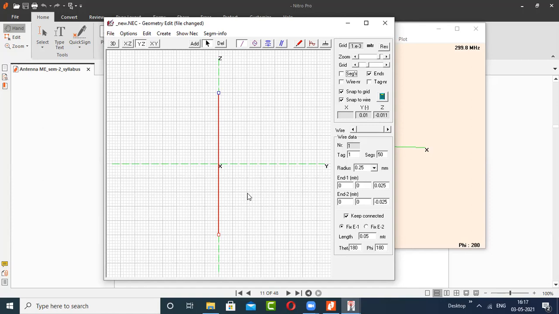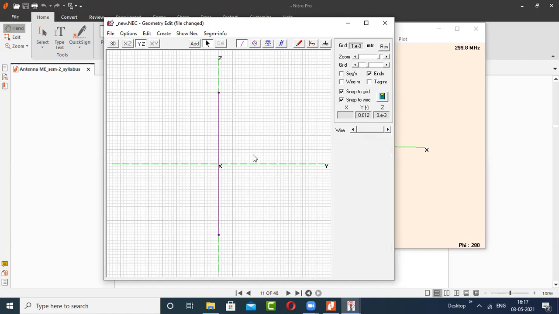And why the segmentation leads to the correct result, that we will see when we go for the second module, because your second module is based on wire antenna. There I will tell you the reason why segmentation is required.